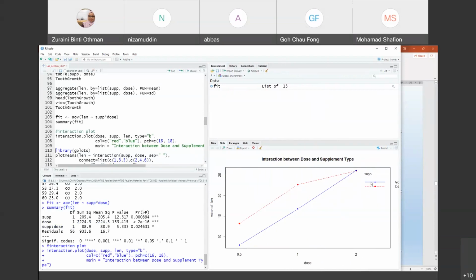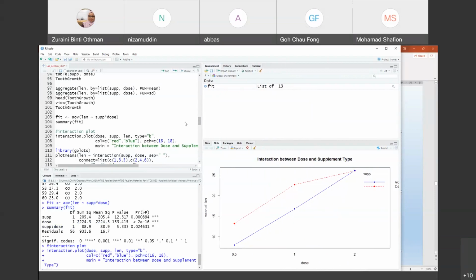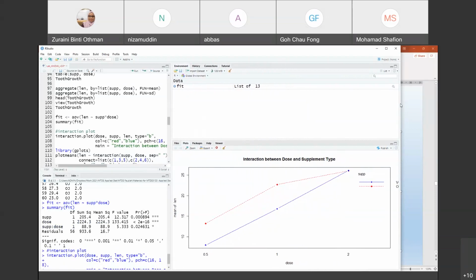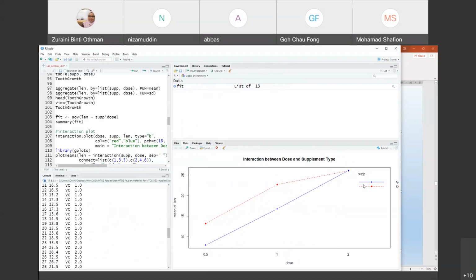This is the supplement, and this is the dose. The blue is for the supplement. Can we see the legend here?